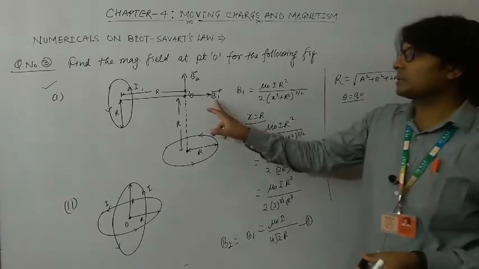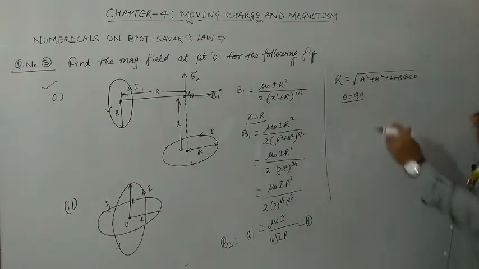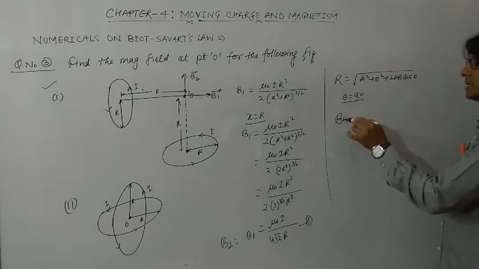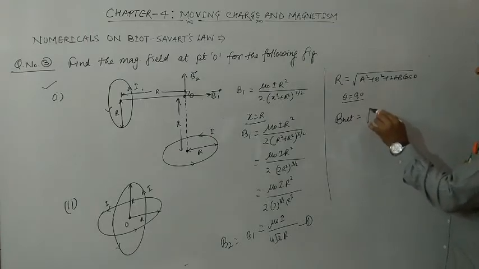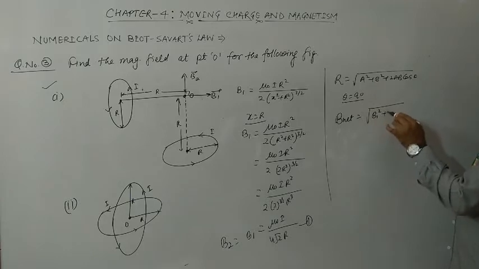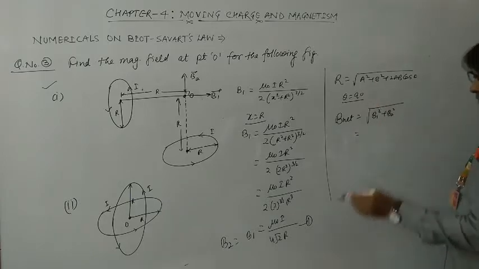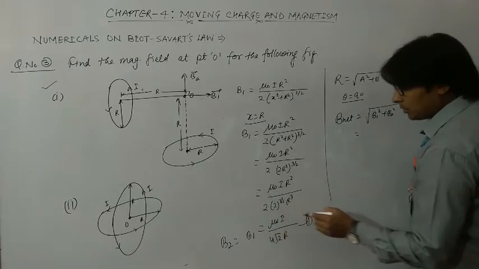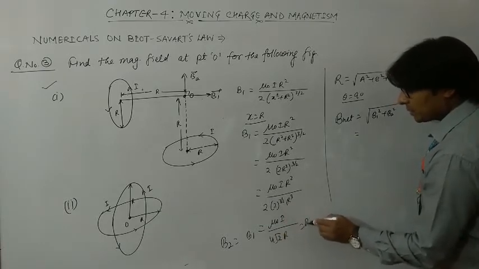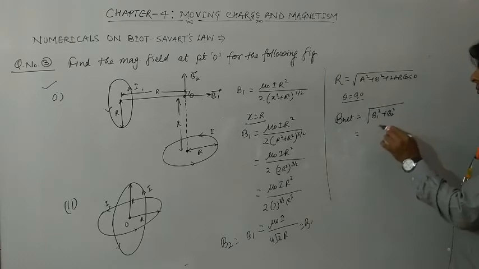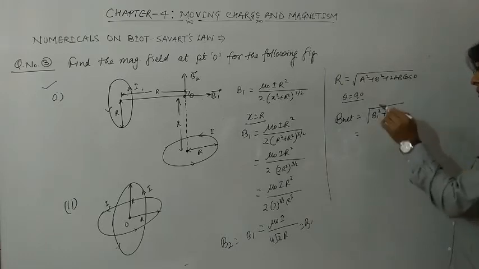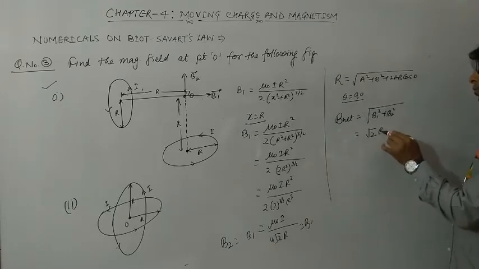Here a vector is B1 vector and b vector is B2 vector. So we can say that net magnetic field is root of B1 square plus B2 square, and B1 and B2 are same, so I can put B1 is equal to B2 is equal to suppose B. So I can write down here B square plus B square, 2B square under root, means root 2 B.